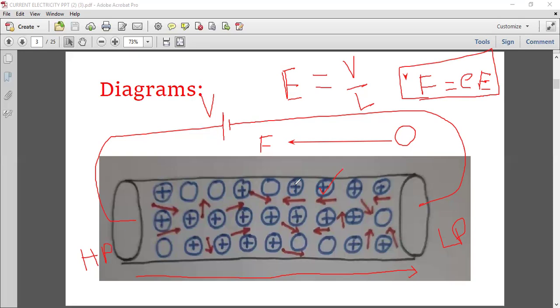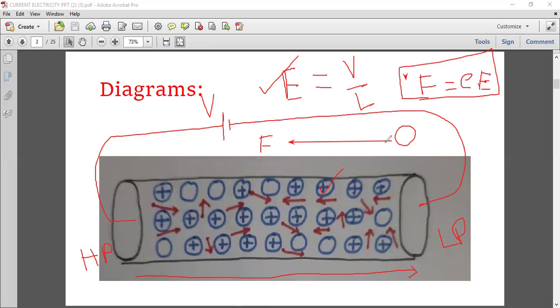मतलब क्या होगा? When you apply the potential difference, then an electric field will be developed all across the length of the conductor, directed from where to where? High potential to low potential. Due to this electric field, which is given by this, all the free electrons will experience this force.